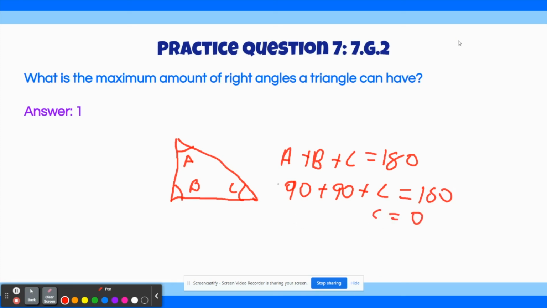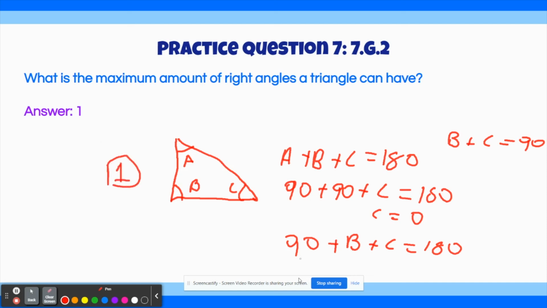But if we had one right angle, we would have 90 plus B plus C equals 180. And so in that case, B plus C could add up to 90, which is definitely possible. But if we have two right angles, it wouldn't work. So clearly the maximum amount of right angles we can have in a triangle is just going to be 1.